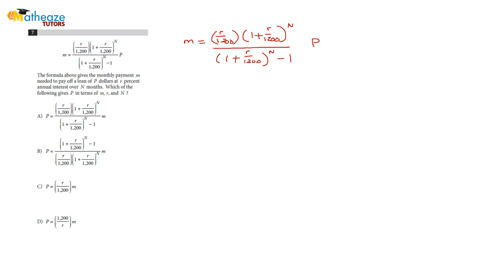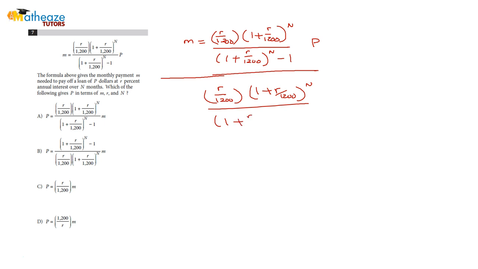So what we need to do is divide both sides, because we want the value of P. We divide both sides of the equation by R over 1200, times 1 plus R over 1200 to the power of N, divided by 1 plus R over 1200 to the power of N minus 1.